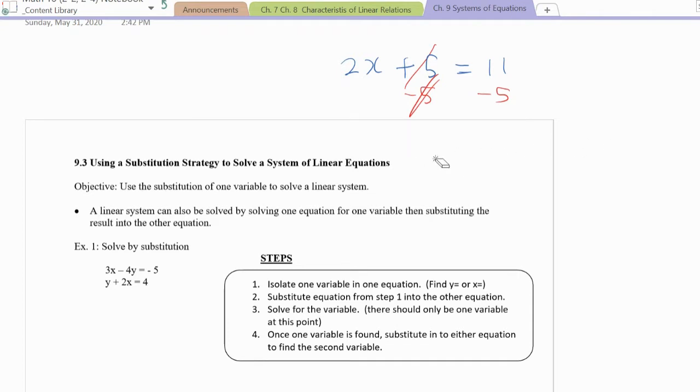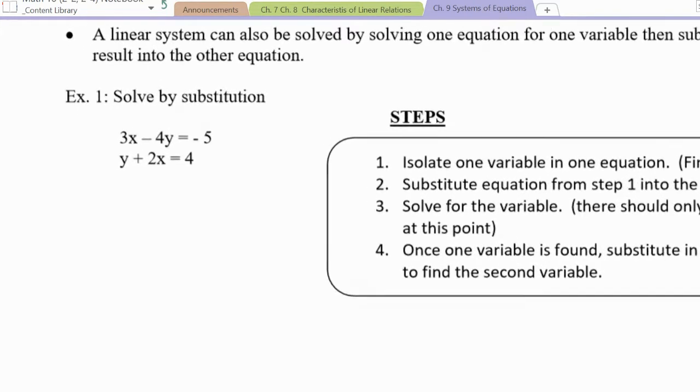In both cases, we had only one variable. We had only x. But a system of equations has two variables, x and y, or other letters. When you have two variables, to solve the equation, you should have two equations.